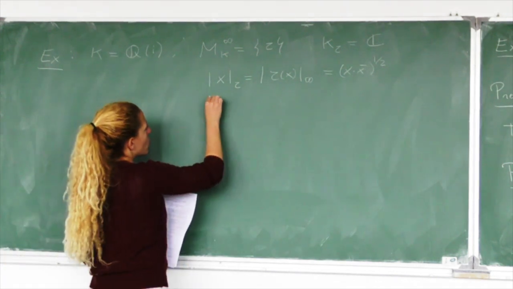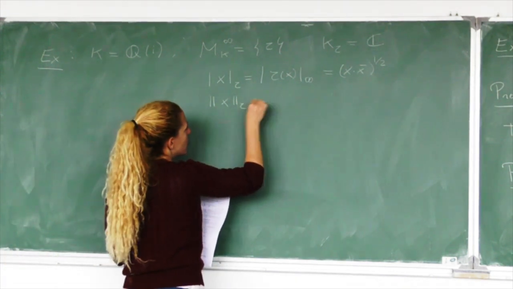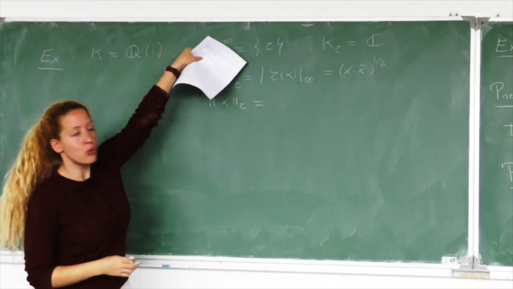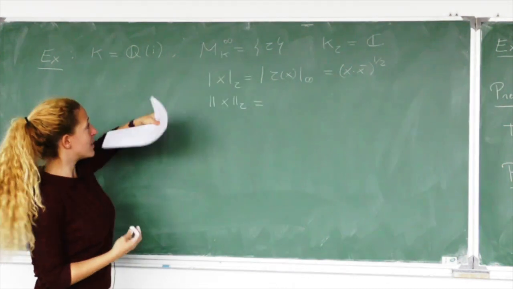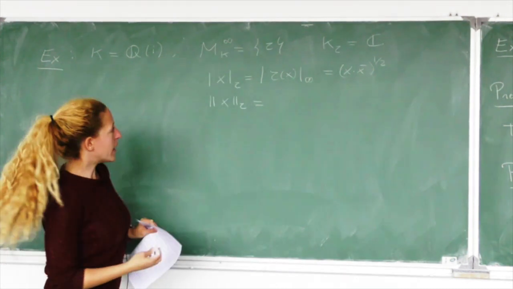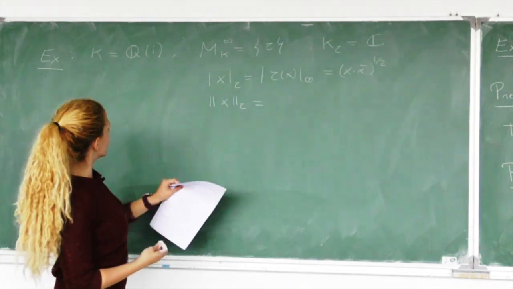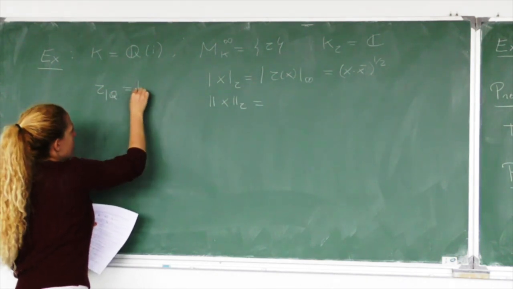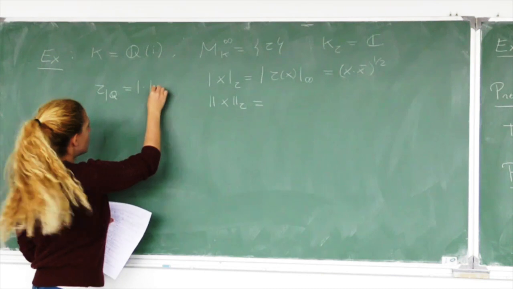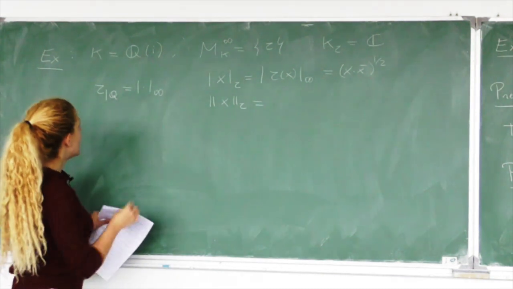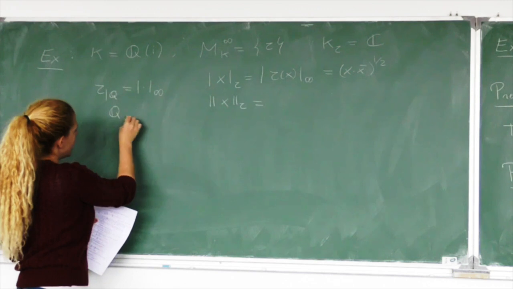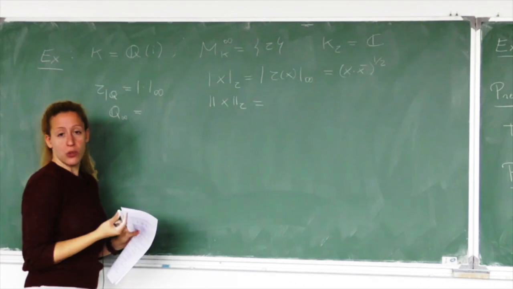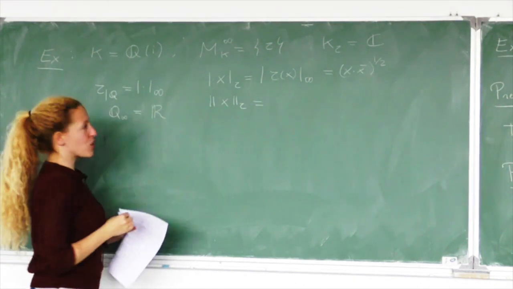So we can also compute the normalized one. Which one is the normalized one? The normalized one is this one, but I have to write an exponent that is actually the degree of the extension. Tau restricted to the rationals is actually the standard absolute value, and the completion of the rationals with respect to the standard absolute value is the reals.